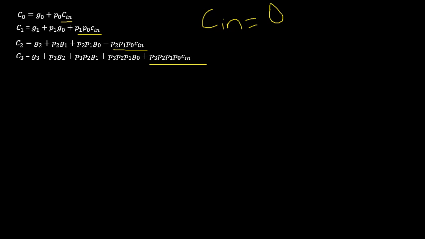In each individual expression, if I substitute the value of Cin as equal to 0, all these terms will be equal to 0, because anything multiplied with 0, that is dot of 0, will be equal to 0 itself. So further I can enhance the carry look ahead adder cell by just substituting the value of Cin as equal to 0.